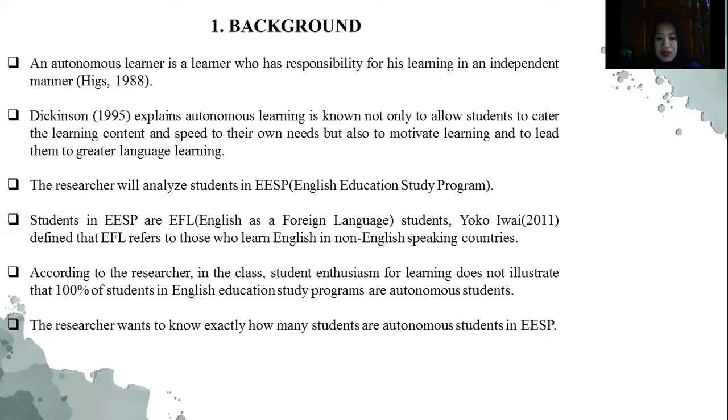So, the researcher wants to analyze the autonomy level, especially in EESP students, University of Bengkulu. The researcher wants to know exactly how many students are autonomous students in EESP. The researcher will use an instrument in the form of a questionnaire that will answer the autonomy level of students at EESP.